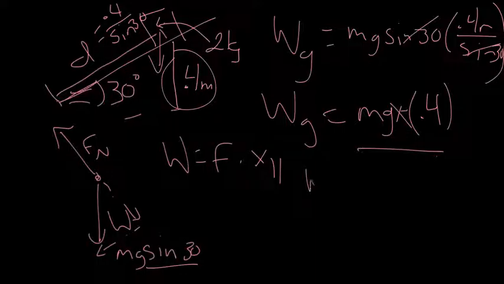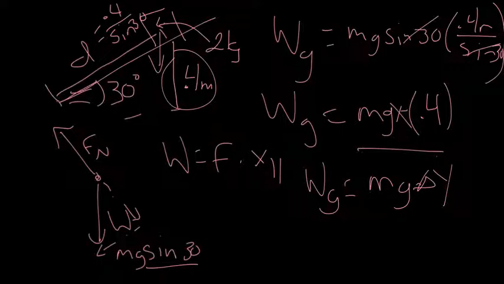So when we're doing work from gravity, it's actually just equal to the amount of weight from something times the height that it's changing. So we'll say, for height, we'll use delta y. Okay? So however far it rises or falls. Okay? And so that is work from gravity.